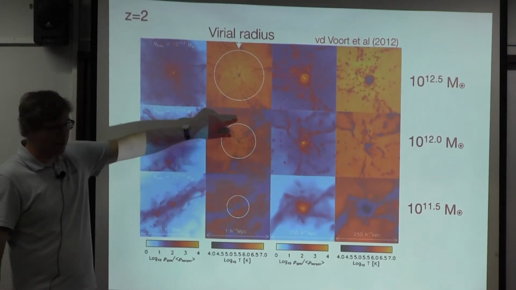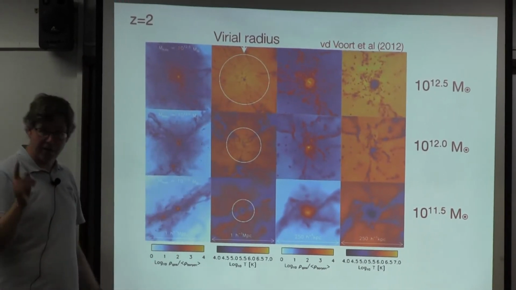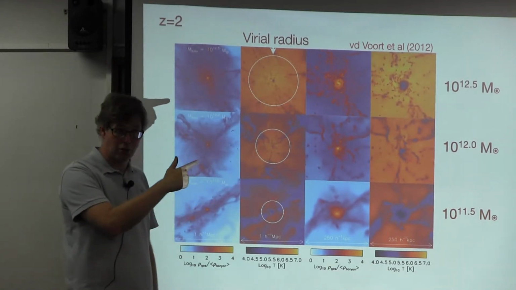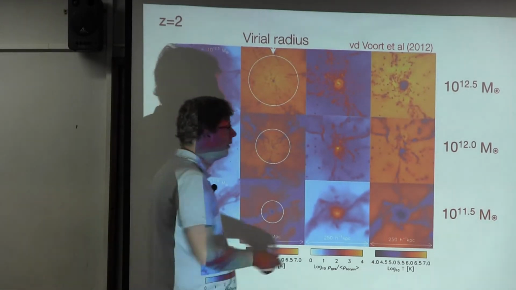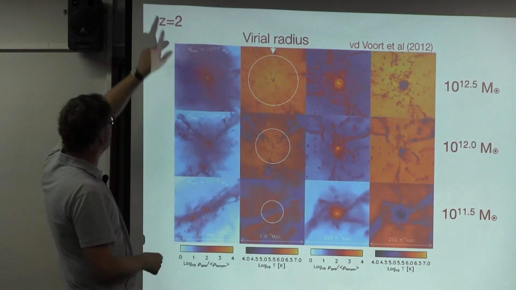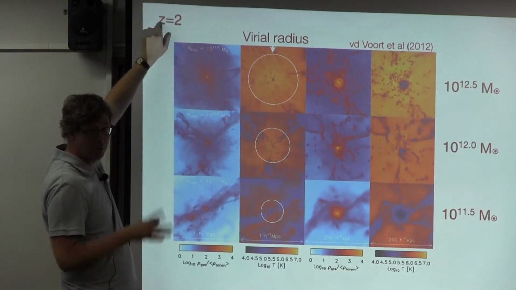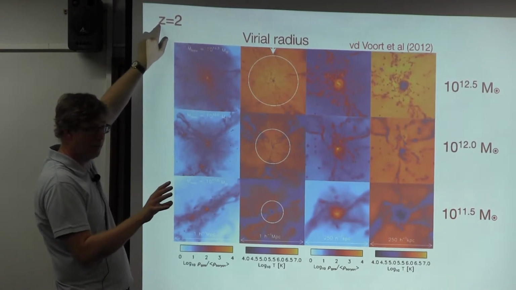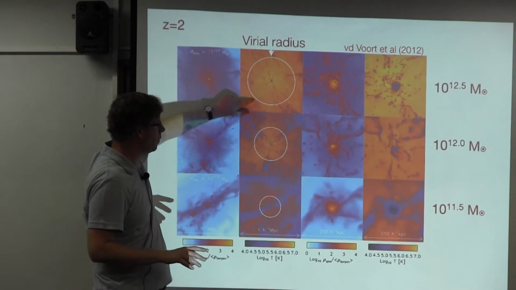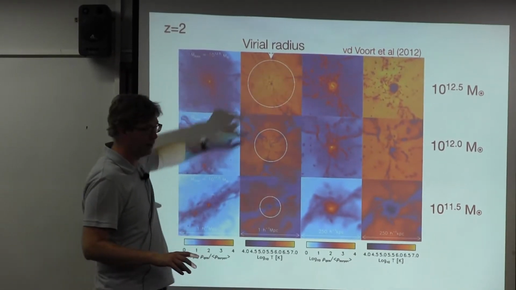And this white line here is now the virial radius that we can calculate from the equations I just showed you in previous slides. You take this mass, and if I told you in redshift 2, you plug that into the equations we just had, you get a radius. And that radius is what's plotted as this white line here.